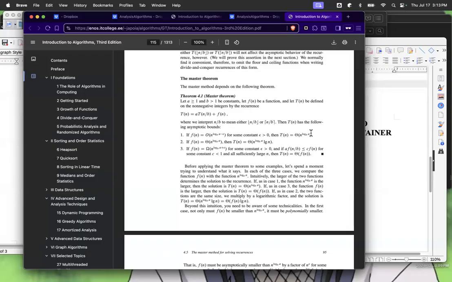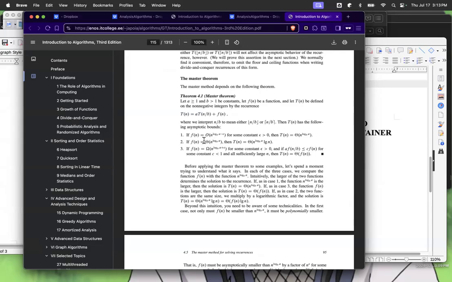In other words, if f(n) is smaller than the term that we get from this, then the one that we're going to choose is Θ of n to the log base b of a.